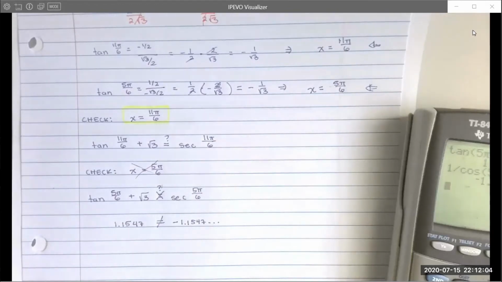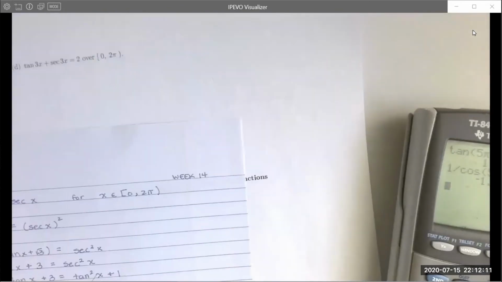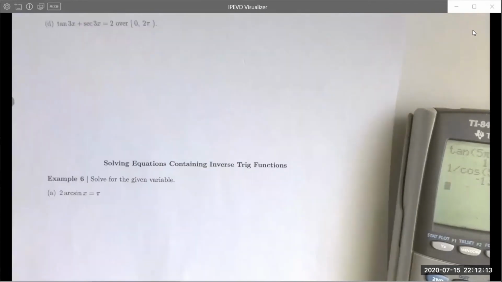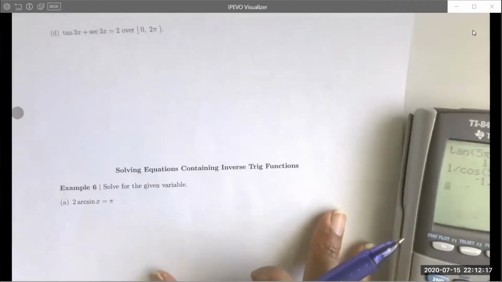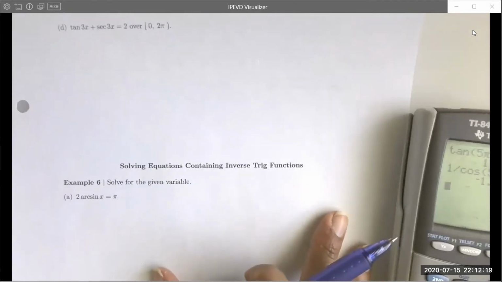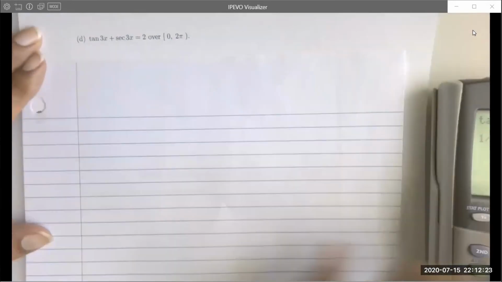All right, so let's move on to the next example, which is part D. Part D again is involving tangent and secant together. So we're going to end up squaring, which could potentially introduce some false solutions.